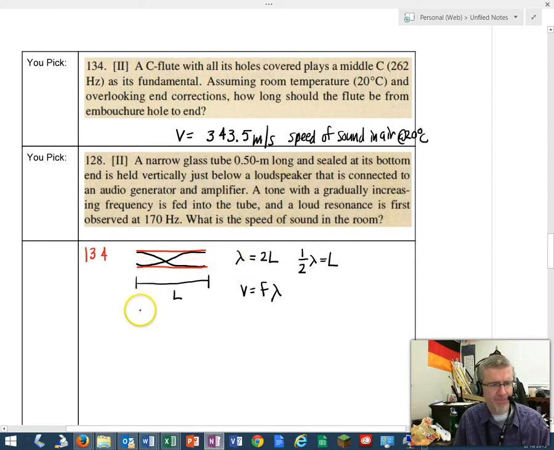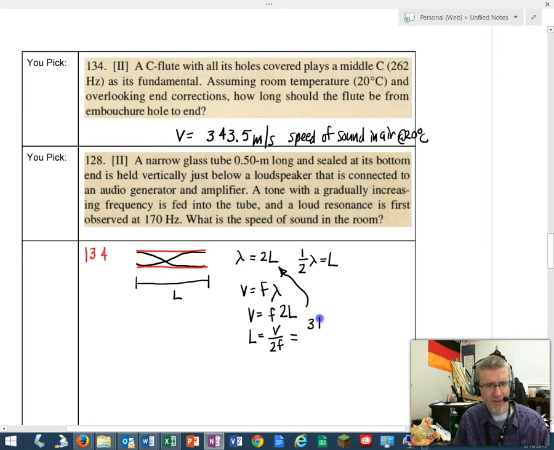Velocity equals frequency times wavelength. Wavelength equals 2 times L. Velocity equals F times 2 times L. From this equation, L equals V over 2F. Solving that equation using algebra.